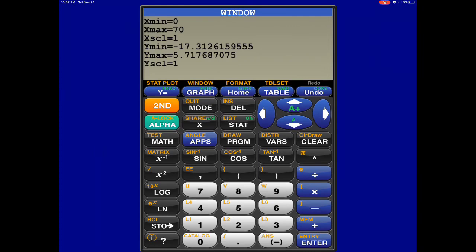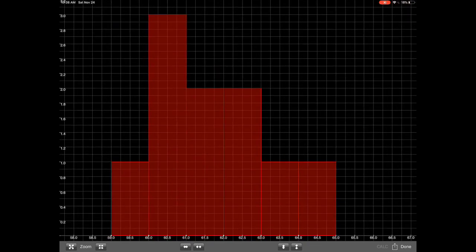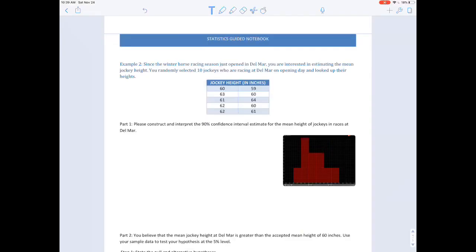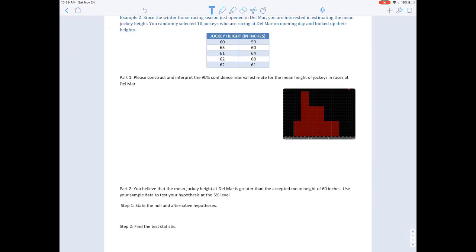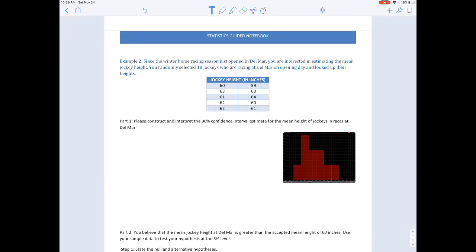And then our y minimum would just be 0. And our y maximum, I guess that'll be fine. Let's see what it looks like. So as you can see, this is roughly symmetric. All right. And so we're checking our conditions here. So this here is roughly symmetric, right?